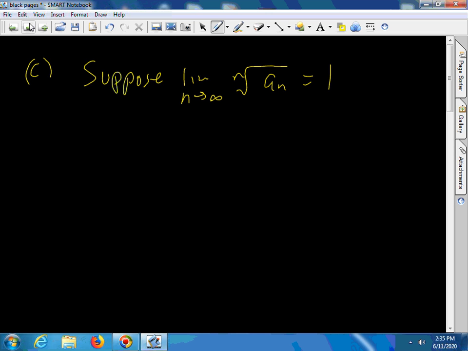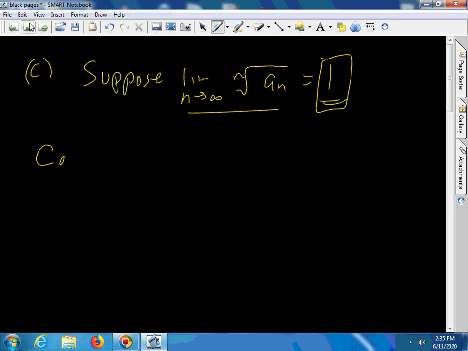Now, let us do part C. Suppose the limit as n goes to infinity of the nth root of a sub n is 1. Now, if I can come up with two series where this limit is 1, and one of them converges and one of them diverges, then knowing that the limit is 1 didn't help at all.